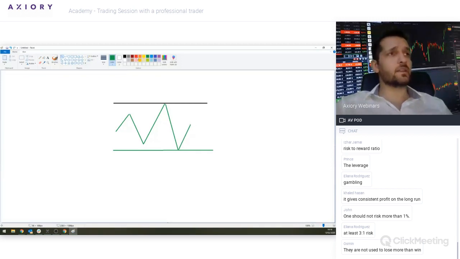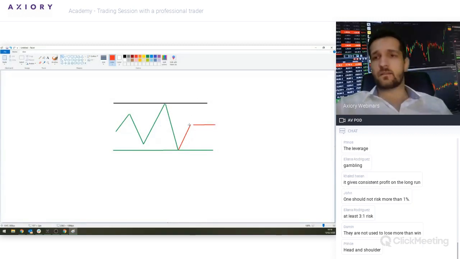And now a trader decides to buy or sell. If you buy here, this is the worst place where you can trade. Buy or sell, it doesn't matter. Because when the price is in the channel, the price can go up or down. Okay, this is chances for this is equal, 50% to 50%.